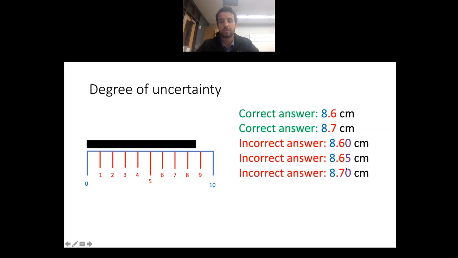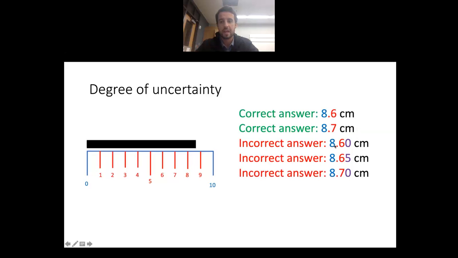8.70, again, 8.70 and 8.60, even though those numbers are exactly the same numerically as 8.7 or 8.6, how we record things in science states that 8.6 and 8.7 have 1 degree of uncertainty, 8.60 has 2 degrees of uncertainty, 8.70 has 2 degrees of uncertainty.